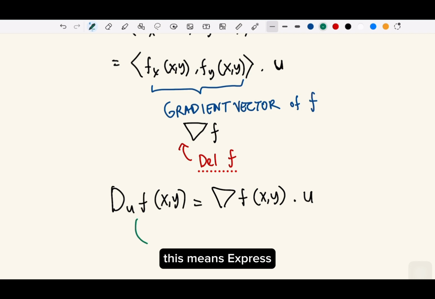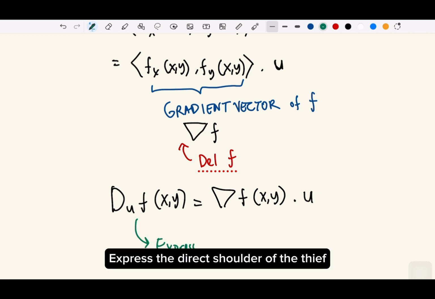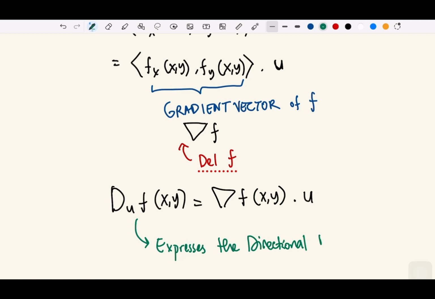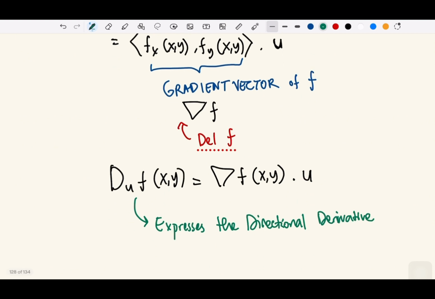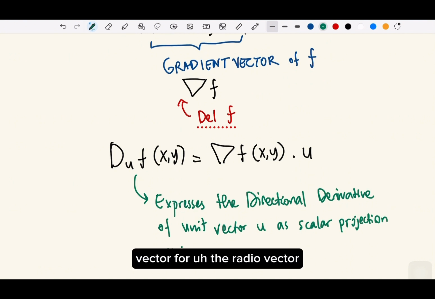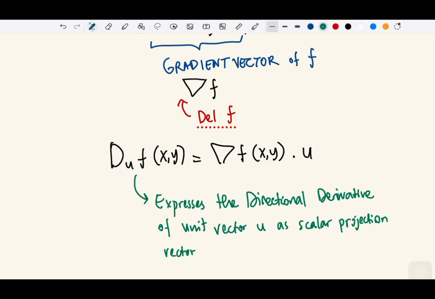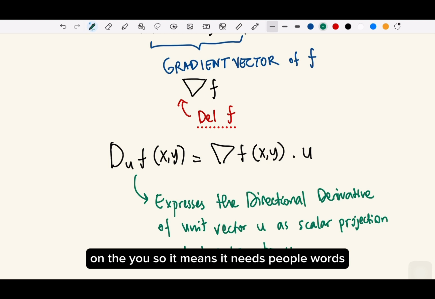This means we express the directional derivative in the direction of unit vector u as a scalar projection of the gradient vector on u.